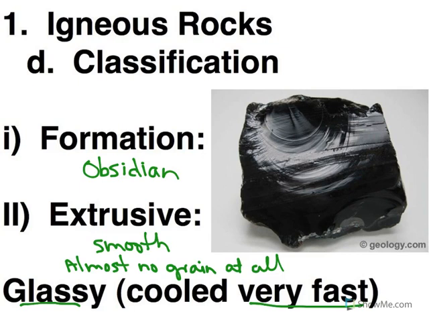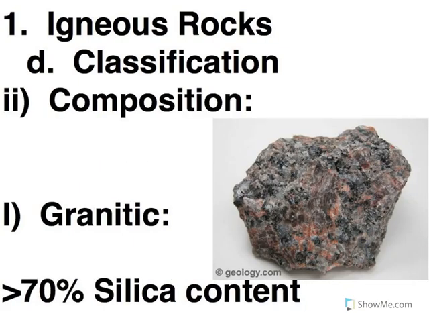We can also classify based upon what it is made of. So when classifying by composition, we're basically going to be looking at a percentage of silicates versus metals.